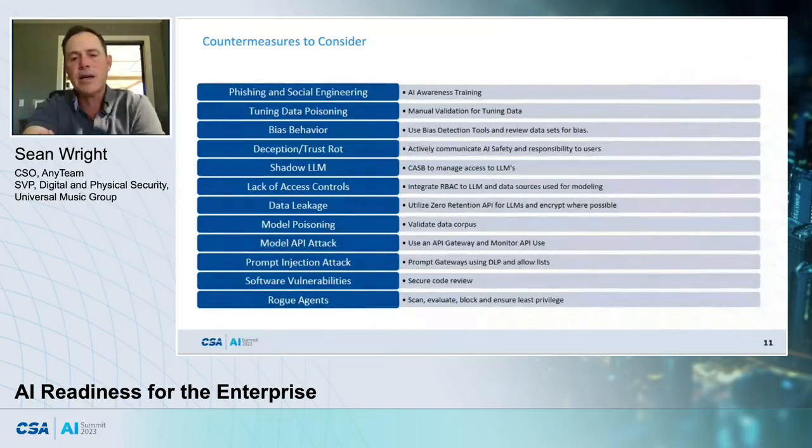Data leakage. Utilize zero trust, zero retention APIs for LLMs and encrypt where possible. There could be some limiting factors to this. If you have zero retention and there's an issue where you need forensic capabilities, or some sort of an incident that's occurred, you definitely want to have a way to conduct forensics.